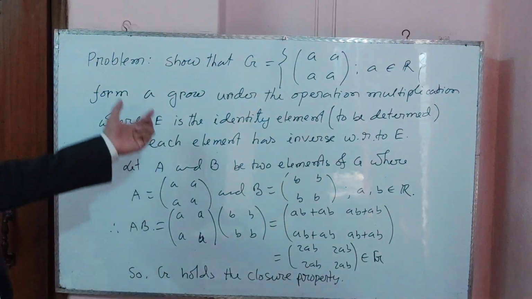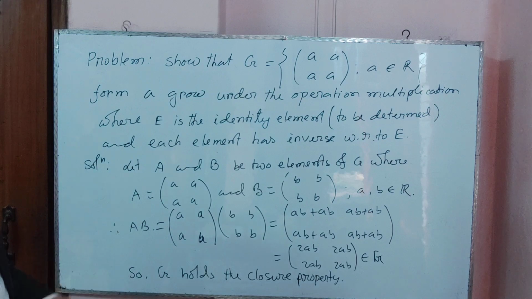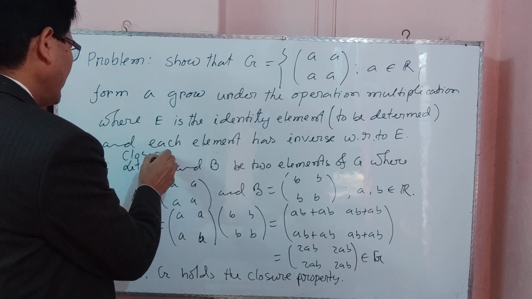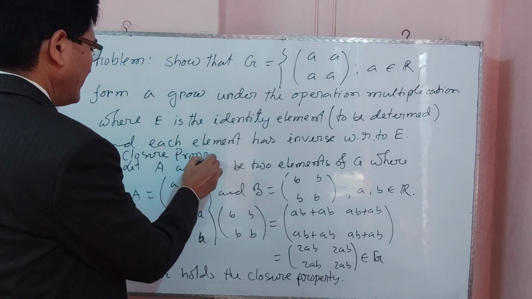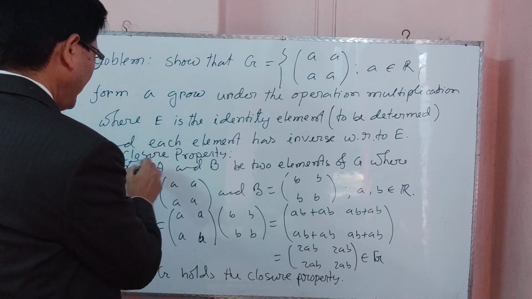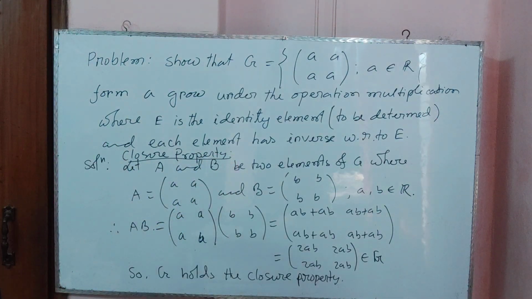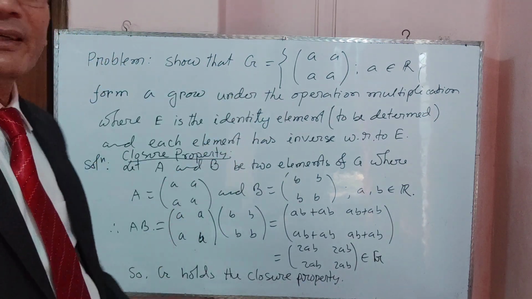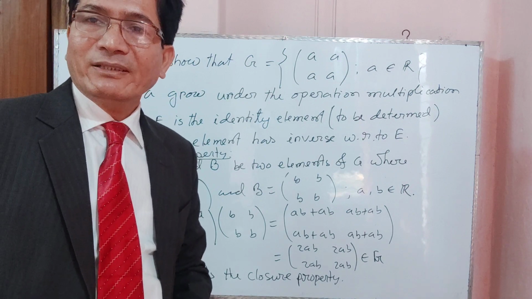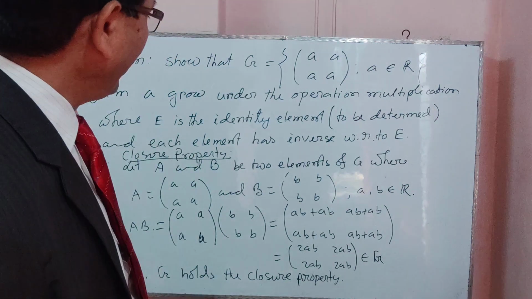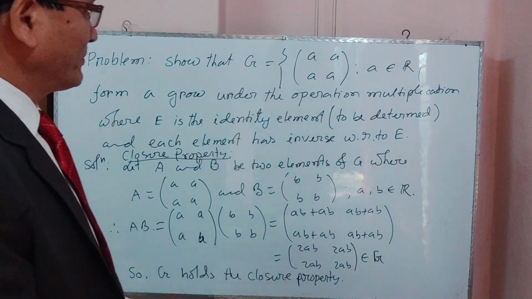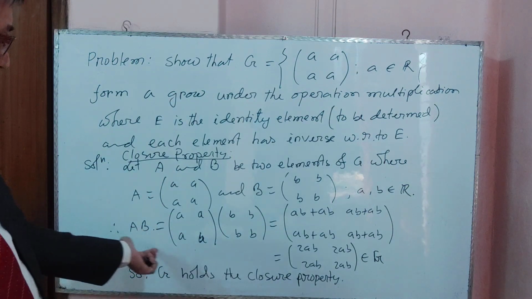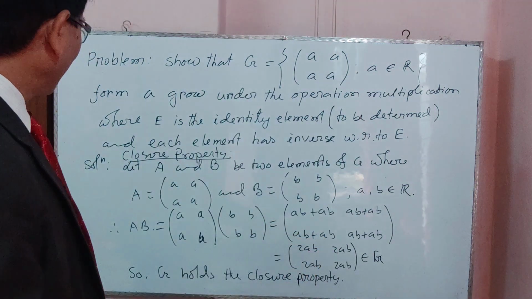Dear students, here we show just closure property; you can write closure property holds. Gradually we will prove that the set holds existence of identity, existence of inverse and associative law. Next we are going to prove associative law, but here see multiplication is again an element of G.